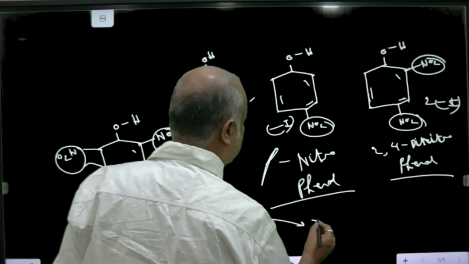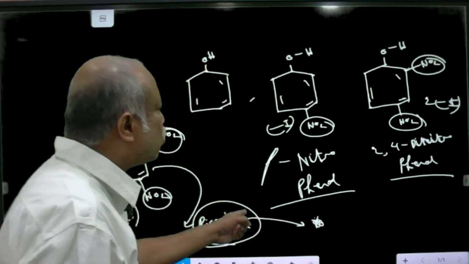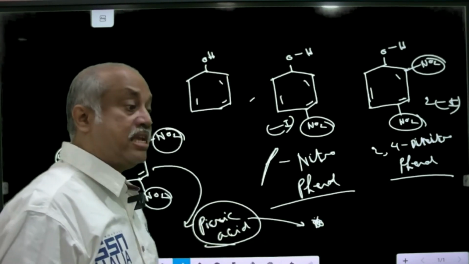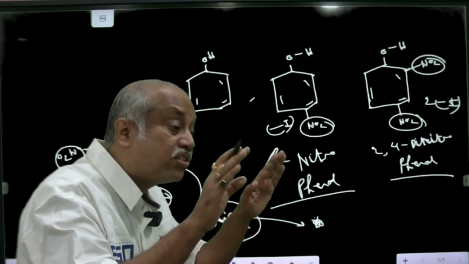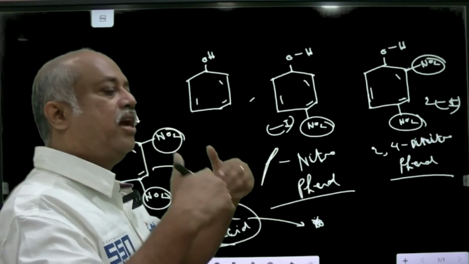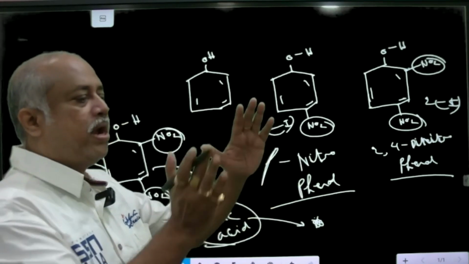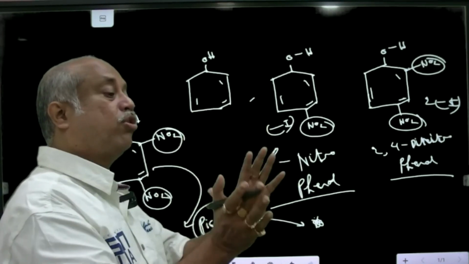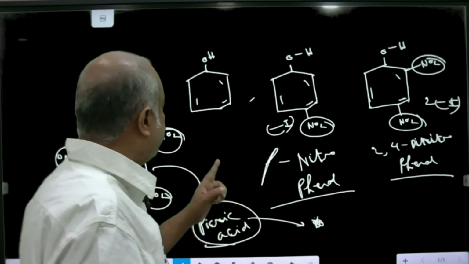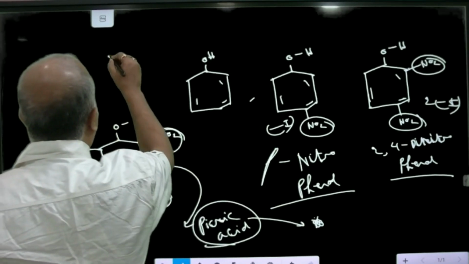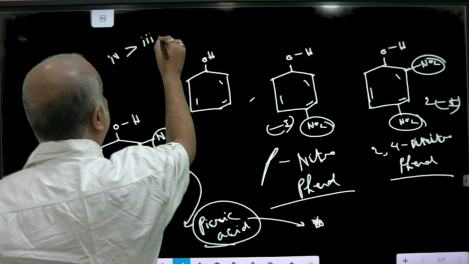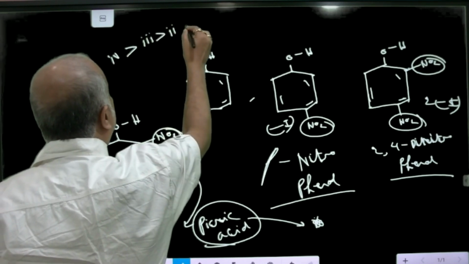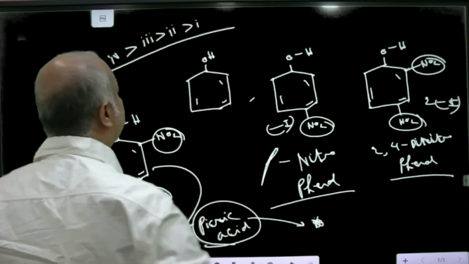Write down: strongest organic acid, even comparable to carboxylic acid strength. Later I will discuss this when comparing phenol and carboxylic acid. So the order is 4 greater than 3 greater than 2 greater than 1.